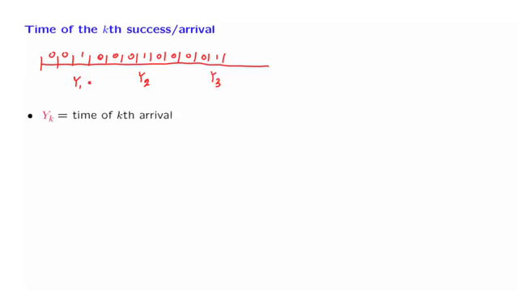Now, the time that the first arrival comes is also what we called t1. And t1 is this length. It's the time until the first arrival. Let us give a name to the time it takes from the first to the second arrival, and we call that time t2, which is the second inter-arrival time, and similarly we will call t3 the time between the second and the third arrival.